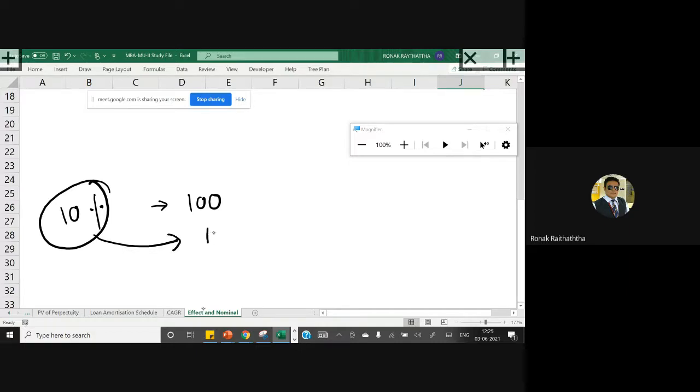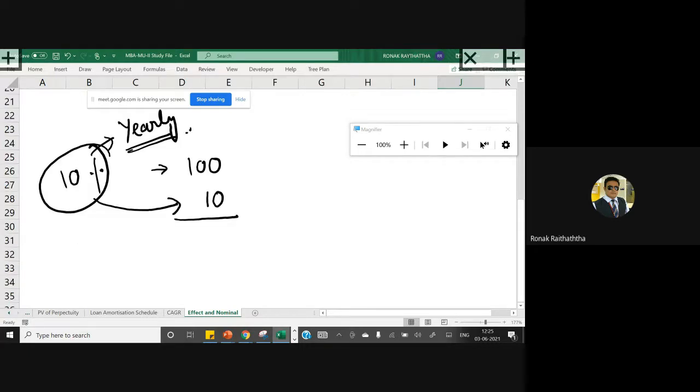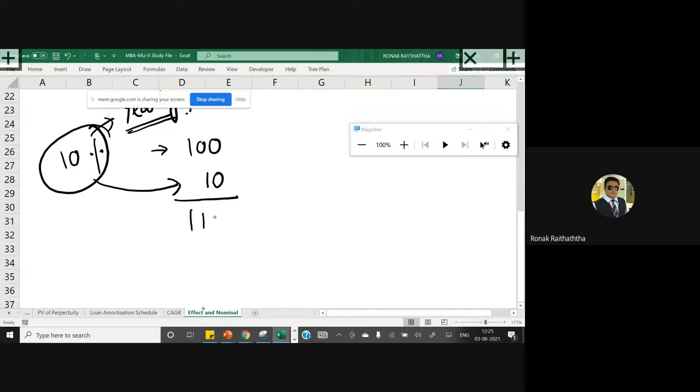So you are getting 10 rupees as a rate of return at your end, and the compounding is say yearly. So at the end of the year, your investment will get the value of 110, right? That would be the amount of fund you will have in whatever the investment avenue.